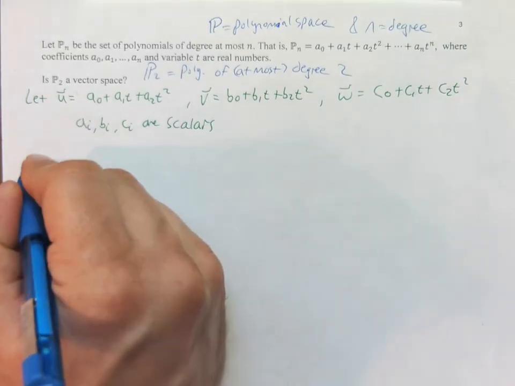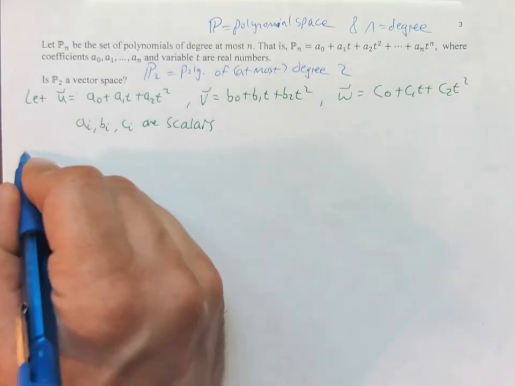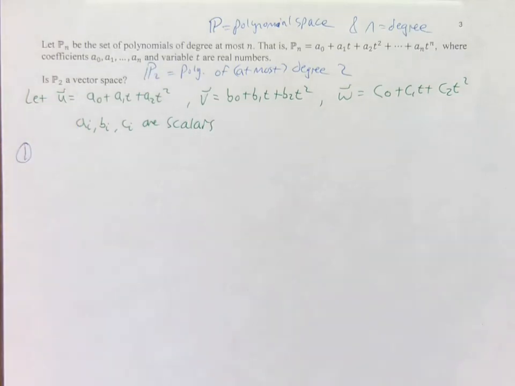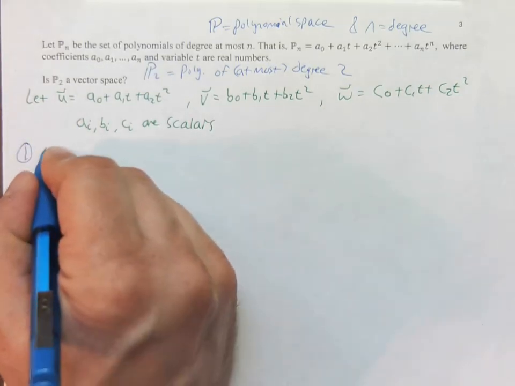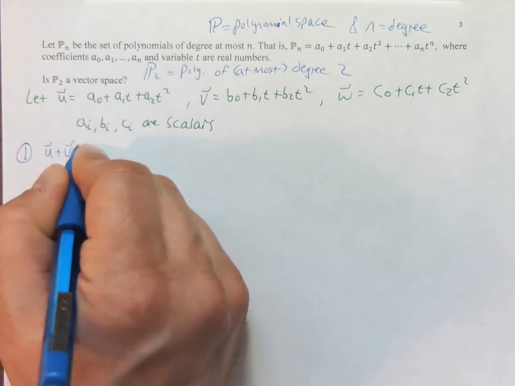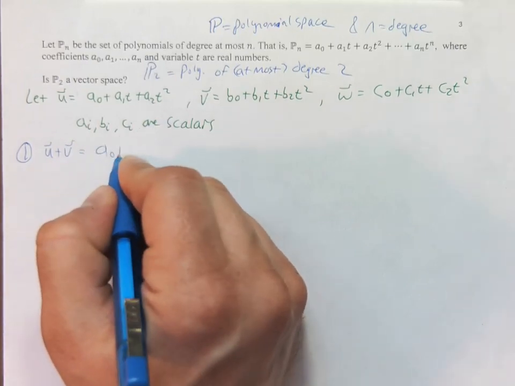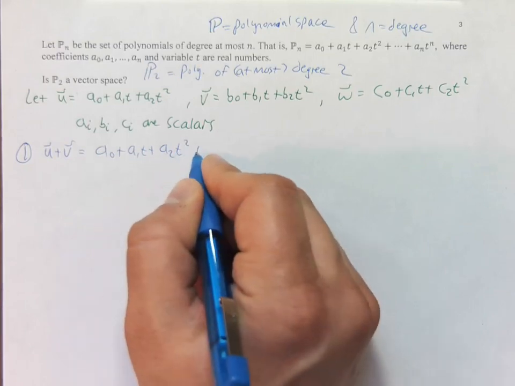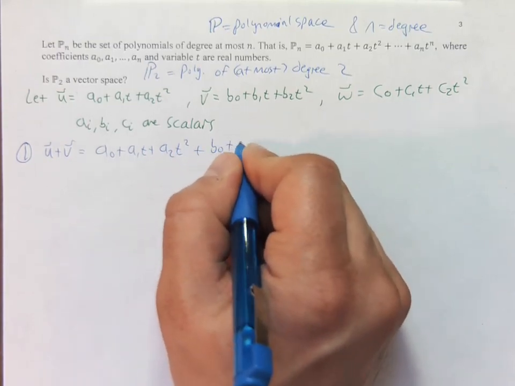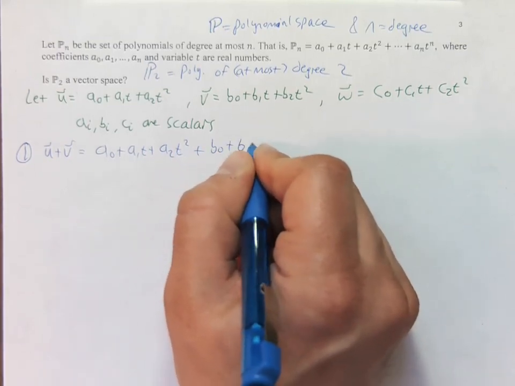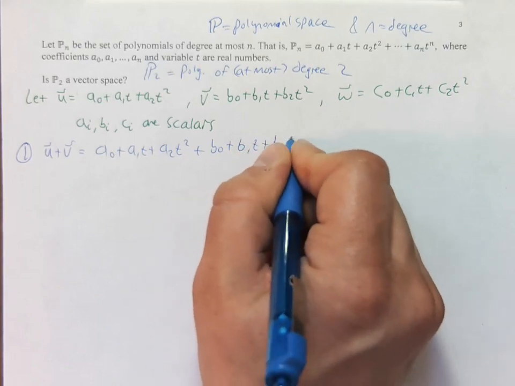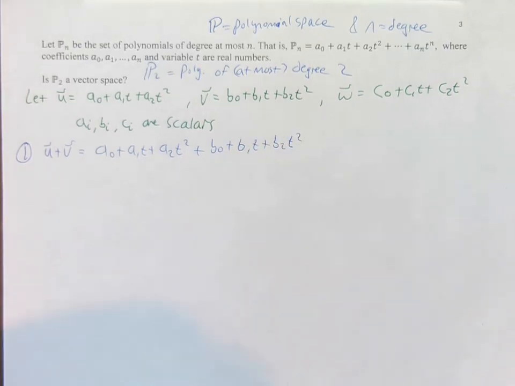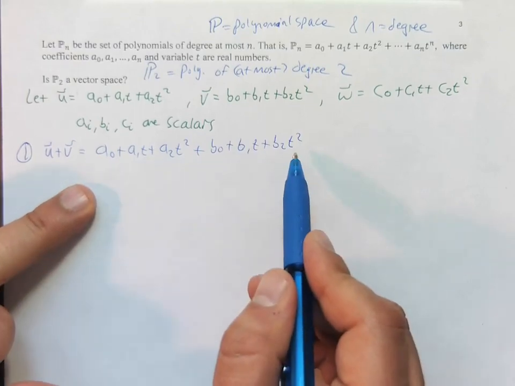I'm going to start by adding two vectors together, u and v, and seeing that it stays a degree 2 polynomial. So when I do u plus v, I add u plus v together. And then I want to show that this is still a degree 2 polynomial.